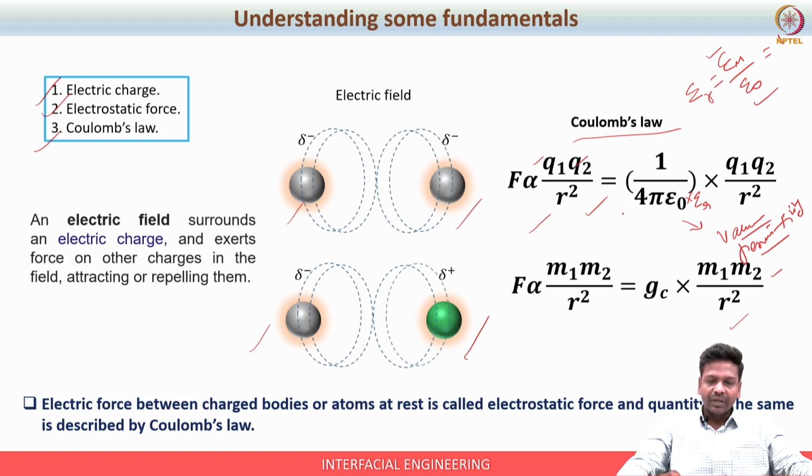Coulomb's law is described in a similar fashion, whereas here the proportionality constant is 1 by 4 pi E naught ER, and there the proportionality constant is the gravitational constant. But the unit of these two equations is Newton, because we are talking about force. You can also verify this: Q1 Q2 will be Coulomb square, divided by r, which will be meter square.